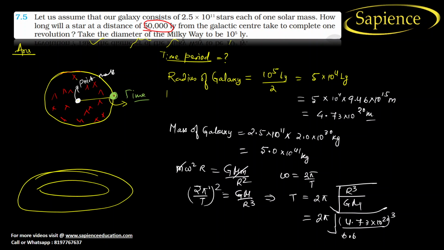G is 6.67 × 10^-11, times M, the mass, which is 5 × 10^41. When we calculate this, we get the time period T as 1.12 × 10^16 seconds.